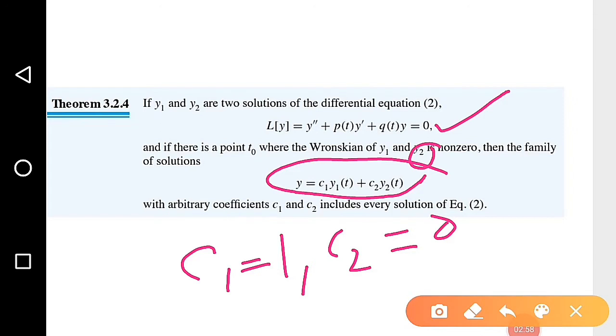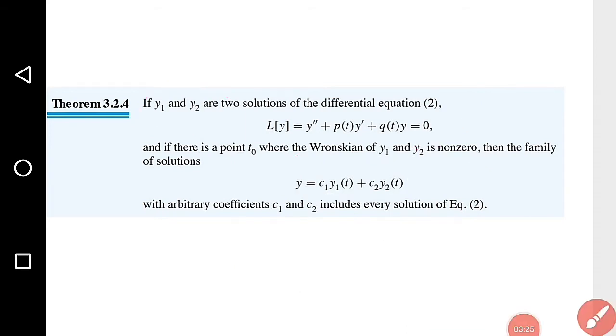That is, this is the general solution, which means two solutions whose Wronskian at a particular point is not 0, which means the Wronskian is not identically 0, have a linear combination that will be the general solution, or every solution will be a linear combination of the given two solutions. That is our second theorem.